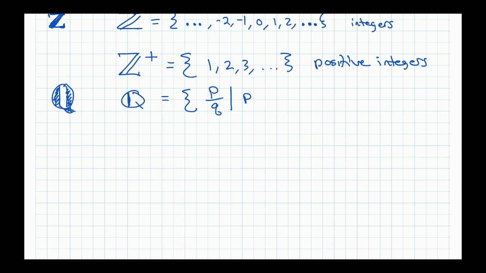So you say P is an integer, Q should also be an integer, and then you're not allowed to divide by 0. So you just say, and Q not equal to 0. So that's all fractions, and that's called the set of rational numbers.